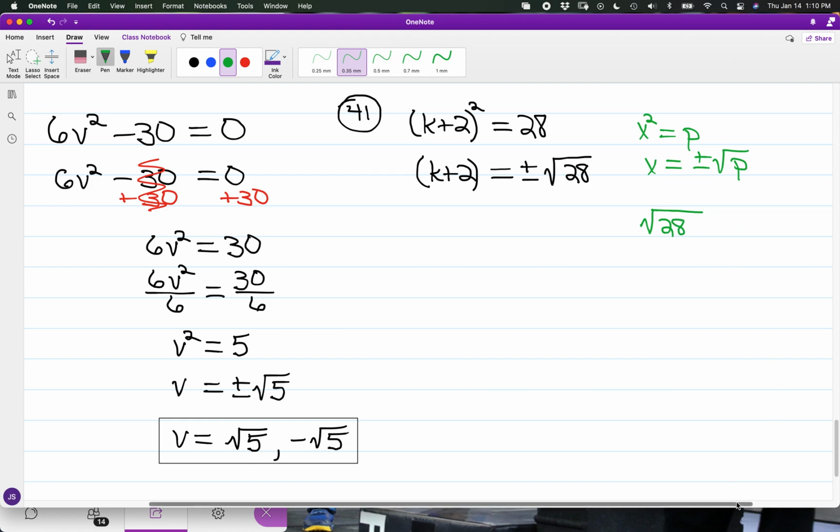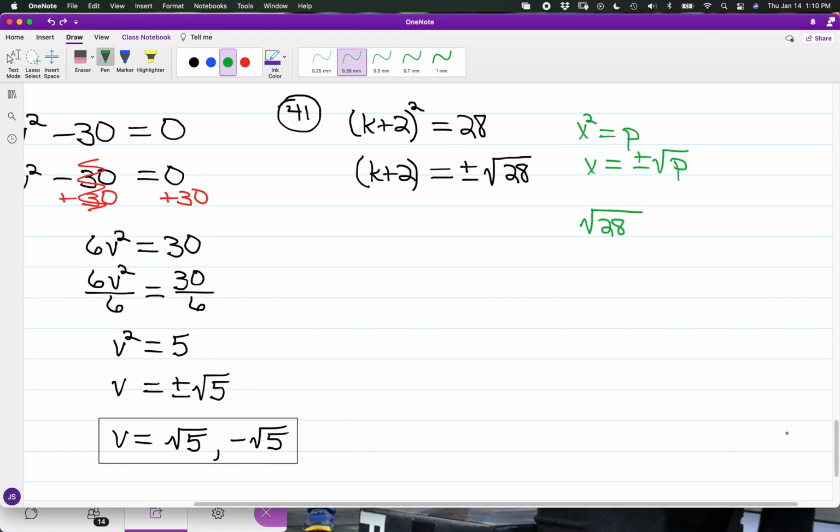For 28, there's no whole number times itself that will give you 28, but there are perfect squares that will go into 28. You have 1 squared is 1, 2 squared is 4, 3 squared is 9, 4 squared is 16, 5 squared is 25, and so on. The highest perfect square number that will go into 28 is the number 4.